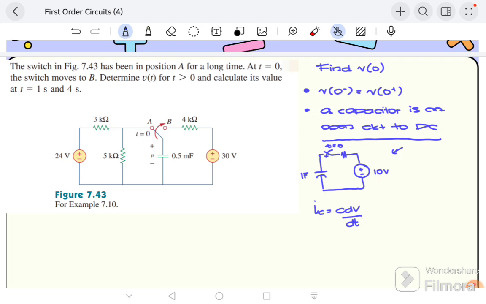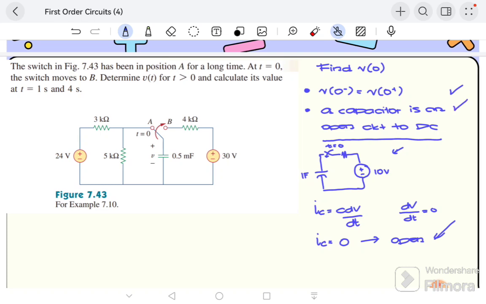Therefore, if the voltage doesn't change, the value of dV/dt is equal to 0, and C times 0 is equal to 0. Thus, your capacitor is open. So if you connect your capacitor for a long time to your DC voltage source, the capacitor becomes open, I equals 0. So again, remember, V0 minus equals V0 plus, and a capacitor is an open circuit to DC.